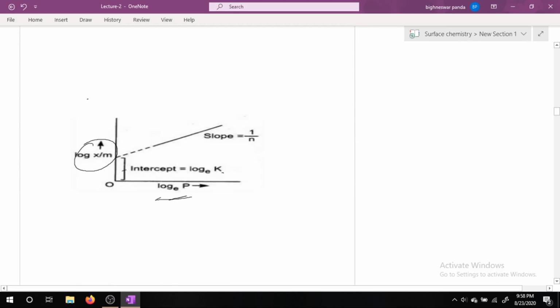So the intercept will be log k and the slope is 1 by n. By knowing the slope, tan theta equal to 1 by n, by knowing theta I can easily calculate n, and by knowing the intercept I can easily calculate k.